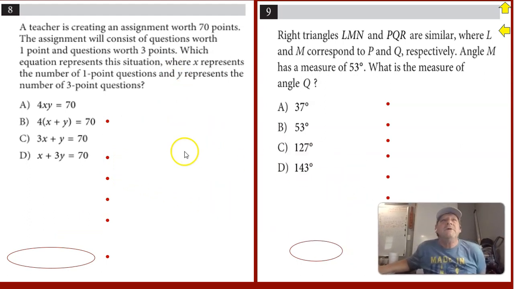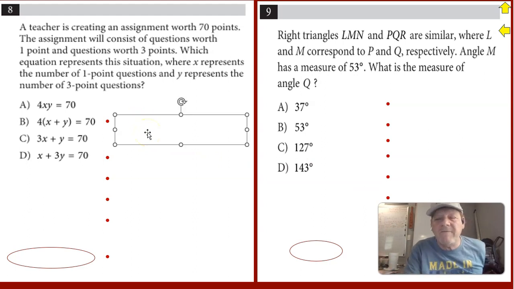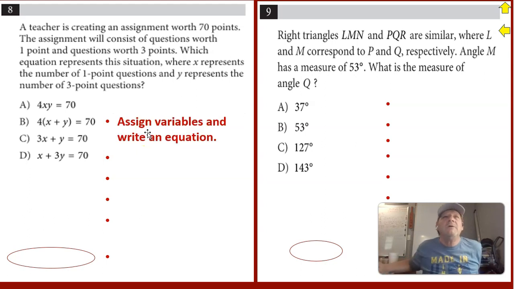All right. So let's do number 8 first. So let's just talk about the given information. The first thing you need to do is assign variables. What does that mean? That means we're going to decide what variables you're going to have in your equations.